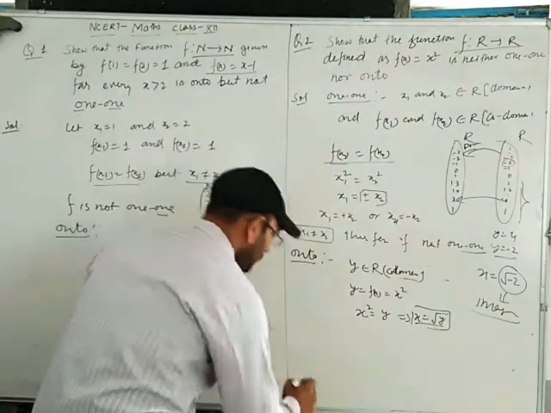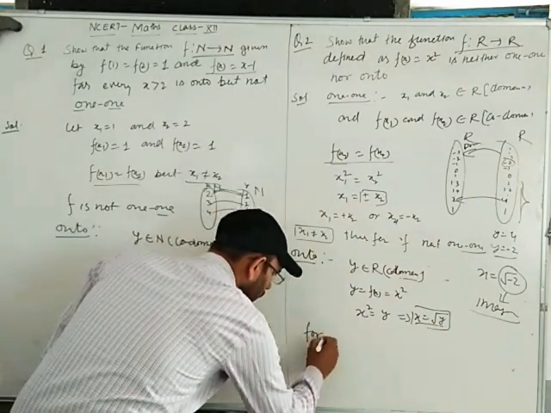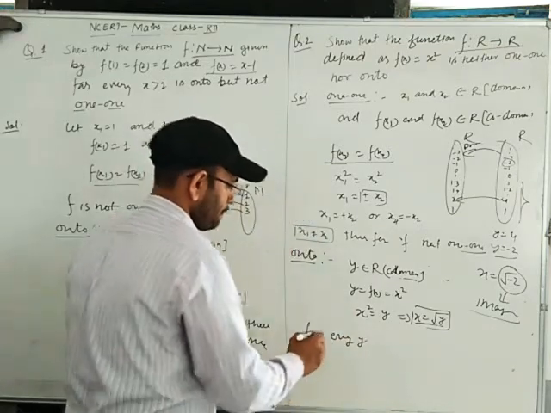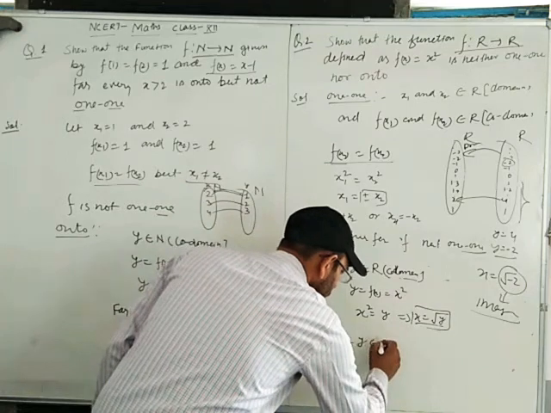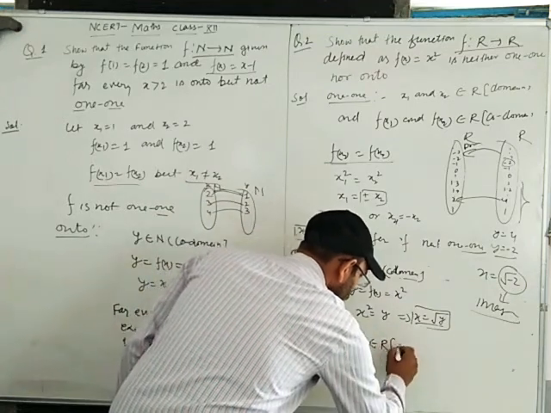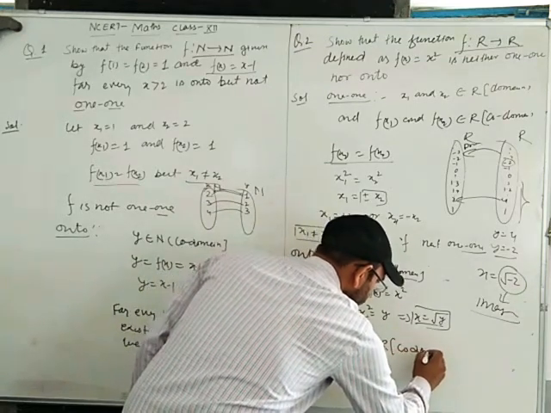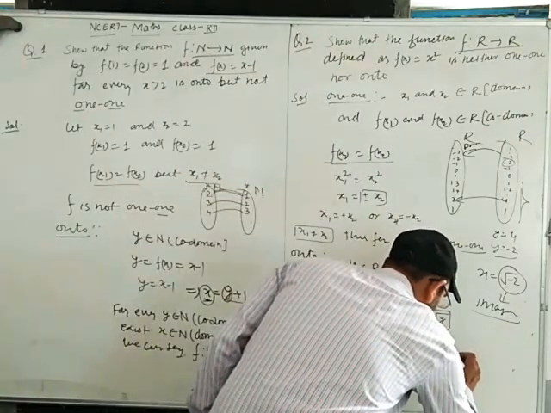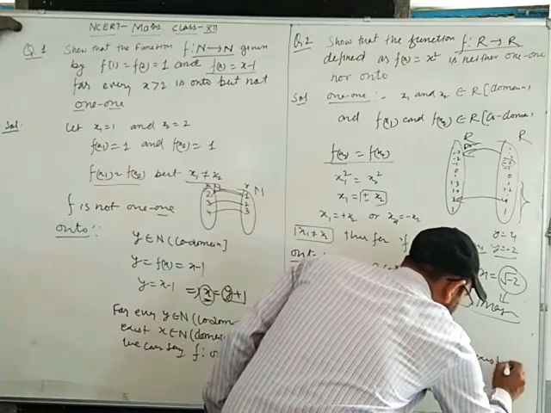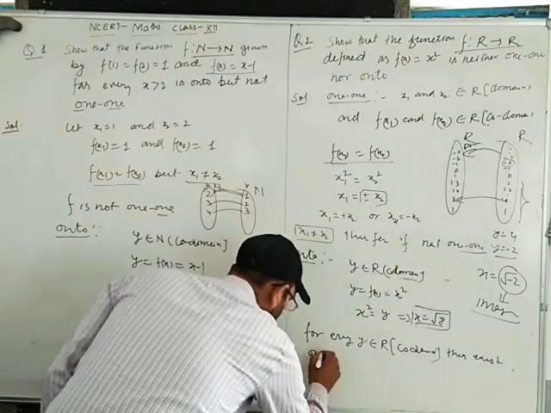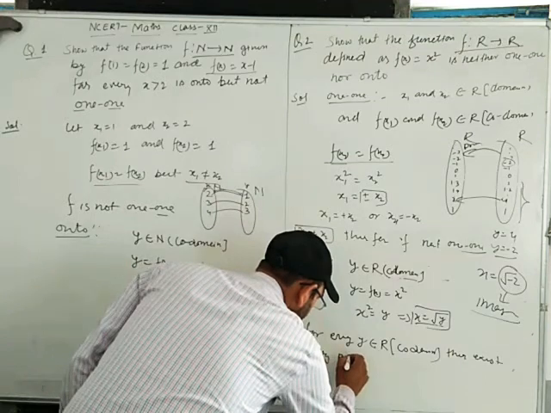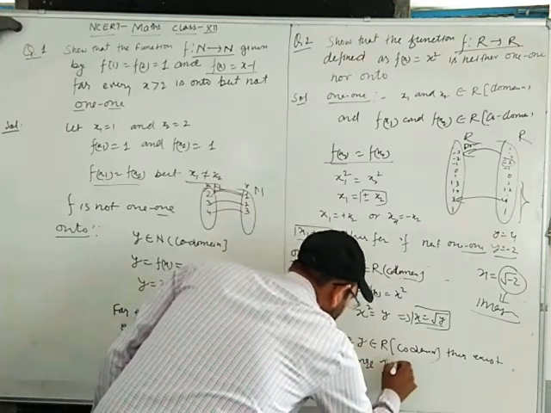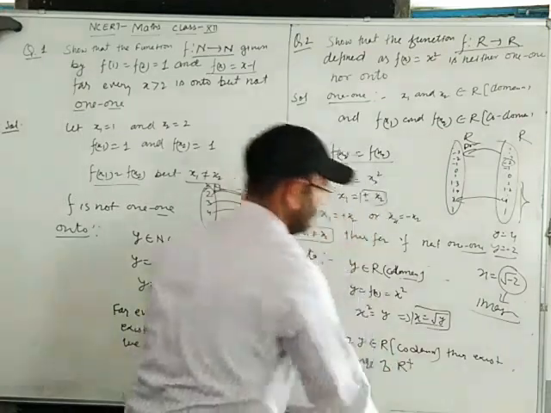So we can conclude that for every y belongs to the real number codomain, there exists a pre-image only for positive real numbers.